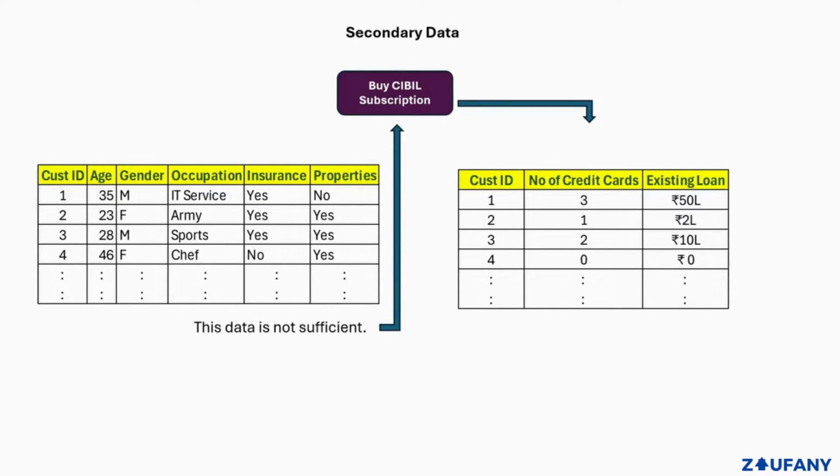We can get this data at any moment by subscribing to CIBIL. The CIBIL report is not exclusively made for us. Anyone can opt to subscribe and get this data. However, let us say we want to know the details of credit card transactions. If this data is not collected by CIBIL, it cannot be added to the report.